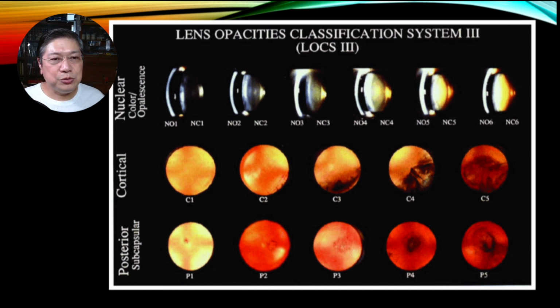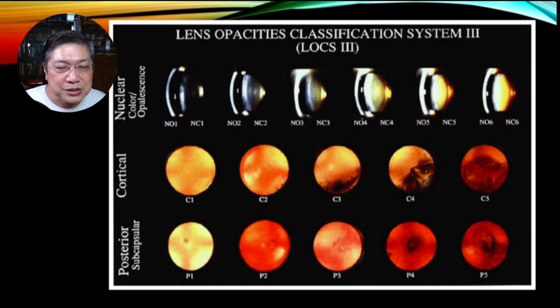Now, the way to use this is you need to get a copy of this picture and paste it near your slit lamp or your examination table. Whenever you look at the patient, you look at the picture, compare what you see in the patient, and the grades would be the letters that are inscribed below. The line on top is called nuclear cataracts.